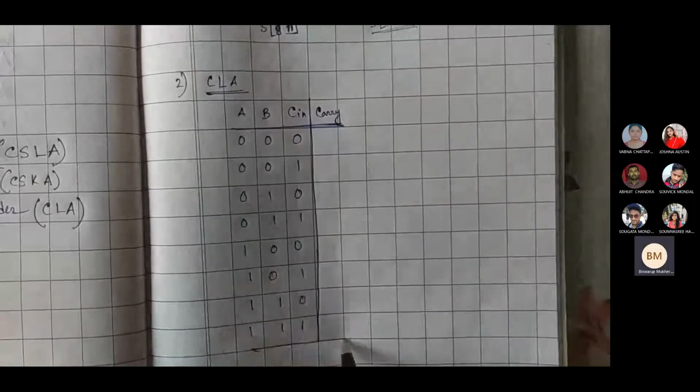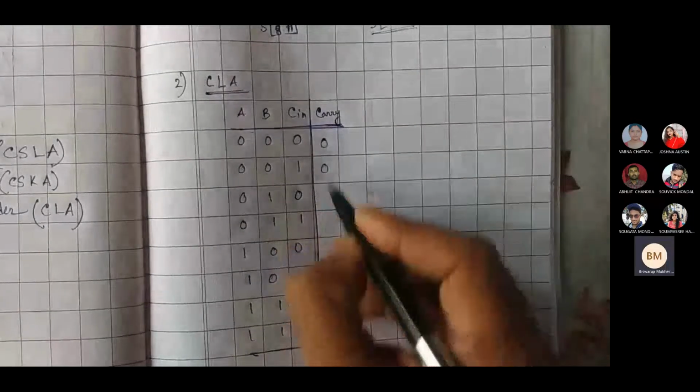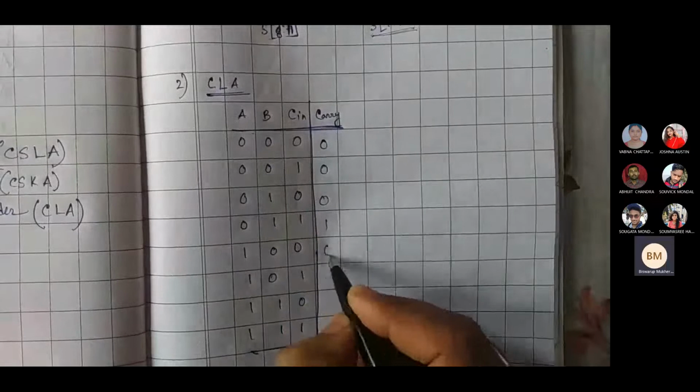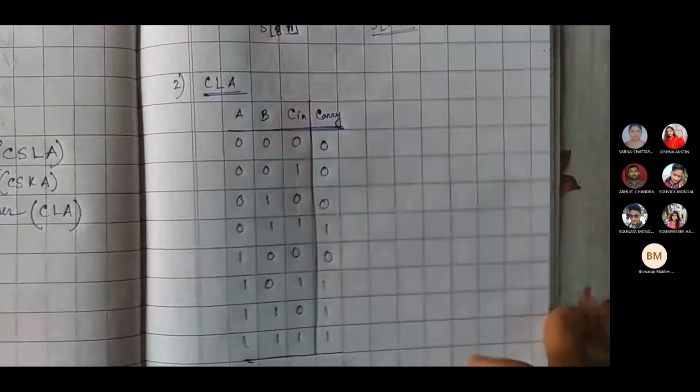So the carry is 00001 followed by 0111. This is the carry.